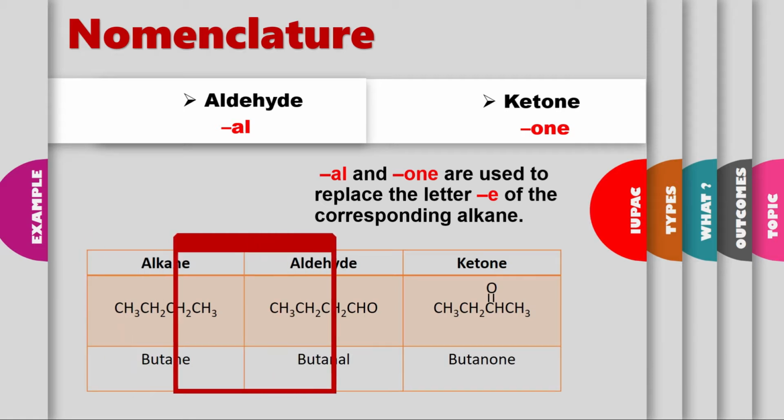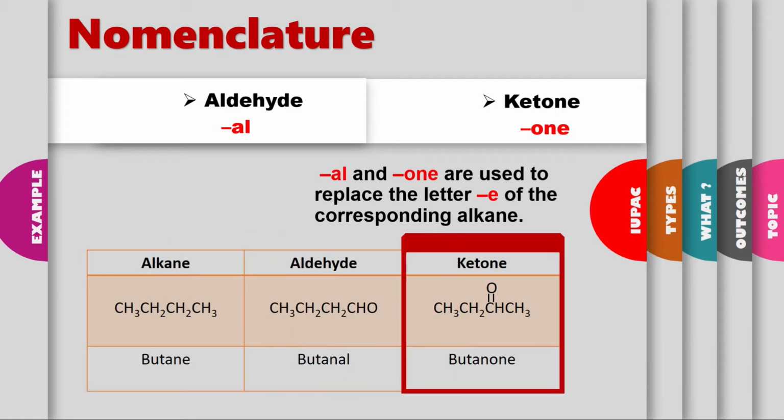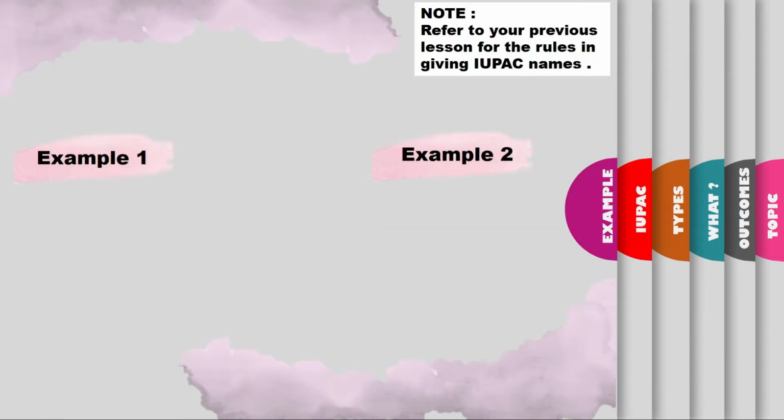For an aldehyde, the name is butanal, while for ketone is butanone. The rules in giving the IUPAC names for aldehydes and ketones are similar to what you have learned in your previous lesson. Let's look at example.